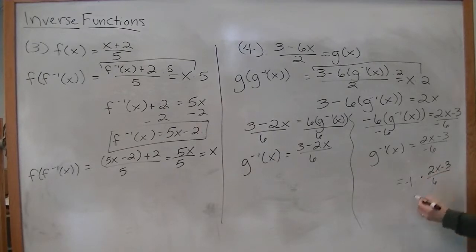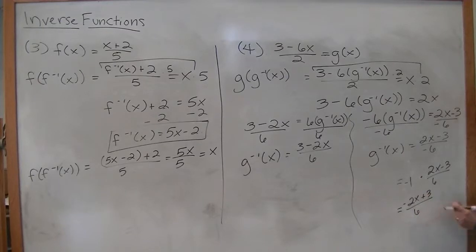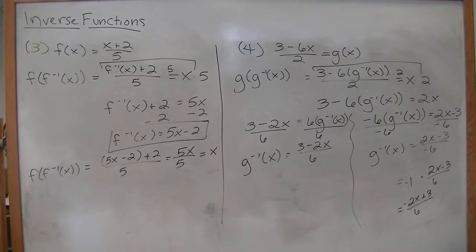So if I multiply this on top now, I get negative 2x plus 3 divided by 6. So if I move around my order a little bit, I get exactly what we had over there.